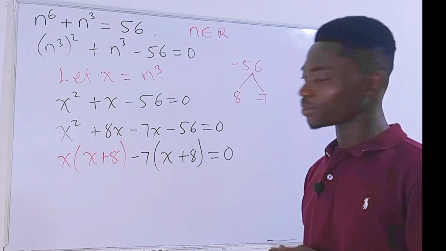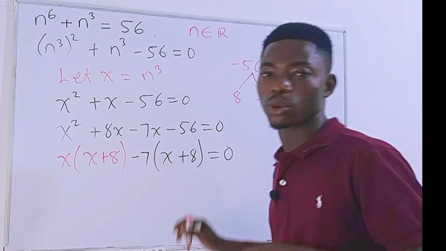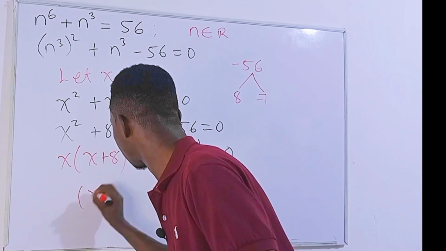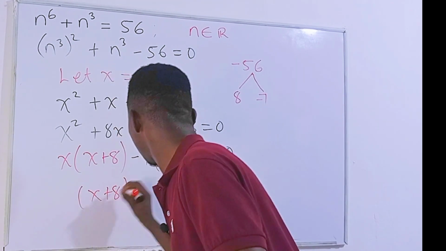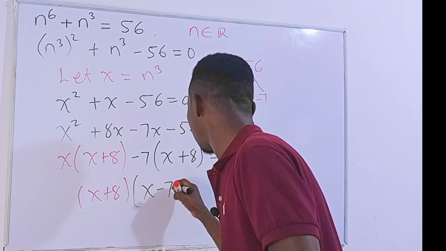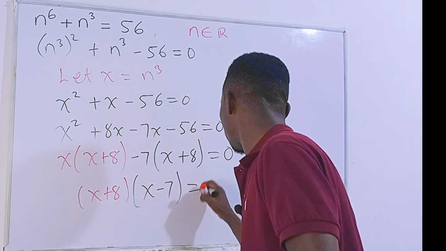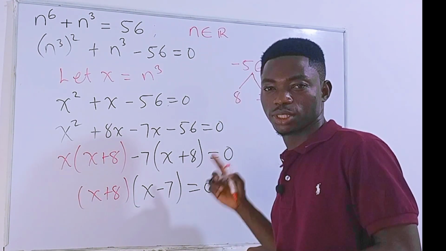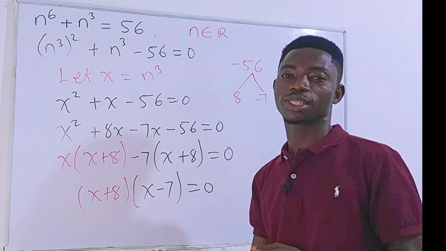Now what do we notice? X plus 8 is common, so we can also factor that out. And in fact, if we do that, we are going to have x plus 8. Then the second factor is going to be this x right here, then minus this 7 right here, and this will be equal to 0. This time we have product of two factors is equal to 0. We can actually form two equations out of this.